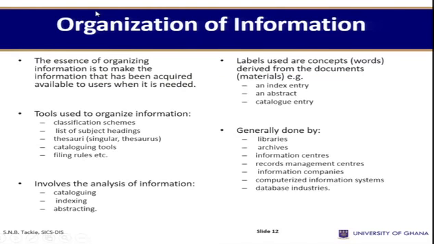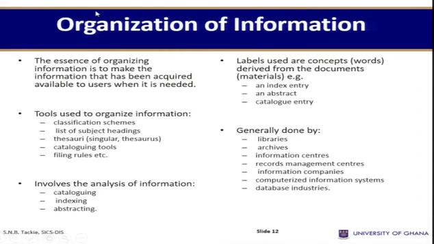Again, these are things that you'll be learning about when you get to level 300. We have lists of subject headings, thesauri, with the singular as thesaurus, cataloging tools, and filing rules. These are all used in organizing information for easy retrieval, let me put it that way.